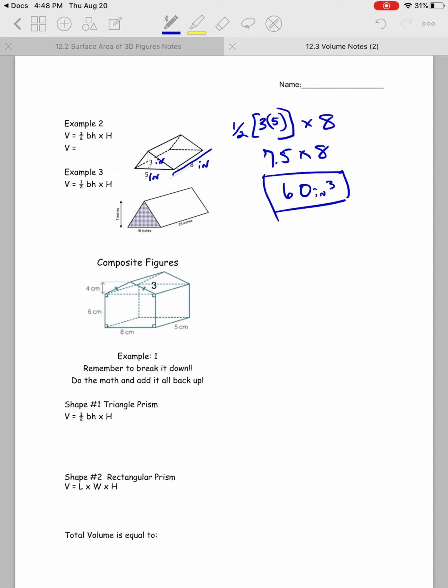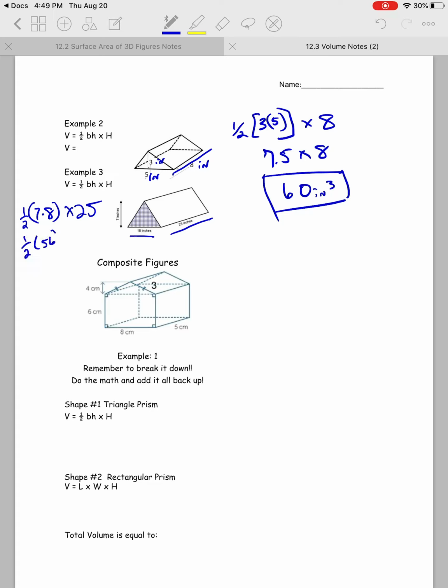All right, one more. Height is 7, width 8, height 25. 1/2. 7 times 8 times the big H, 25. 7 times 8 is 56.